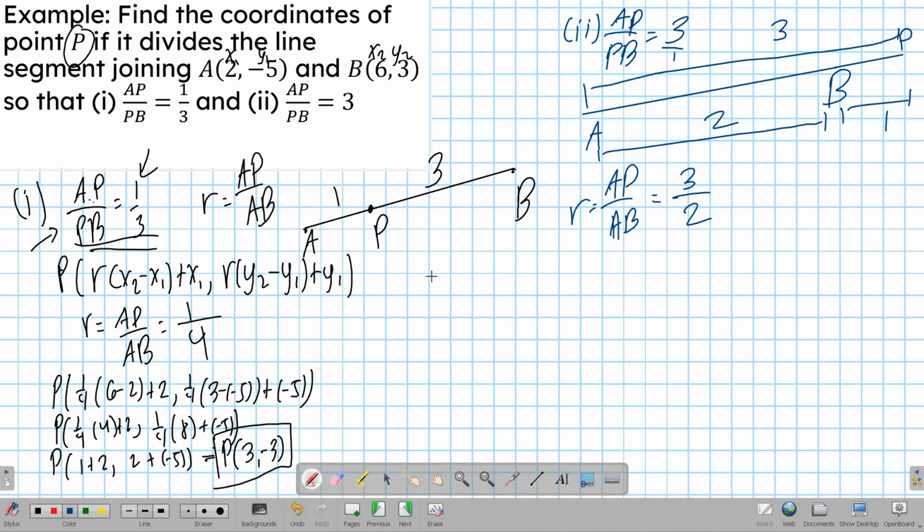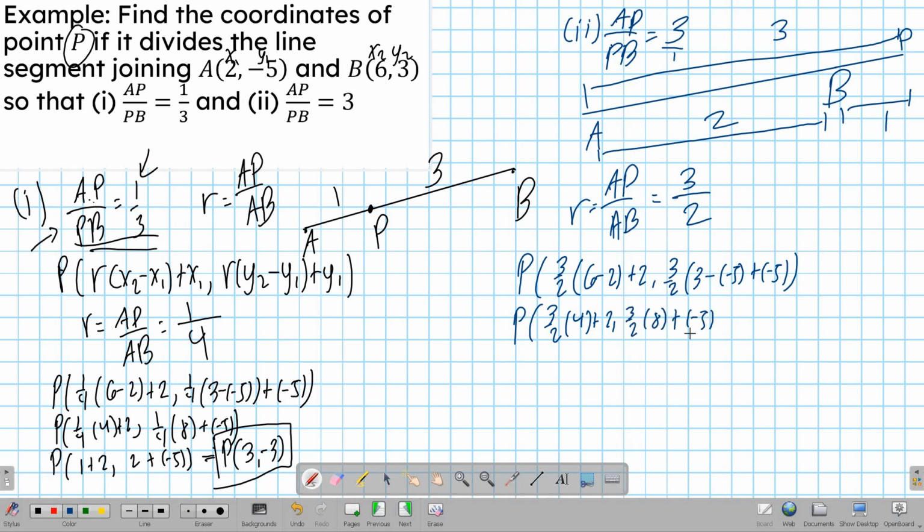Here P, the divisor, extends through B. So, we can now use our formula: P would be equal to, this time with R being 3/2 times the same coordinates, 6 minus 2 plus 2, comma, 3/2 times 3 minus negative 5 plus negative 5. Therefore, the coordinates of P would be 3/2 times 4 plus 2, comma, 3/2 times 8 plus negative 5.